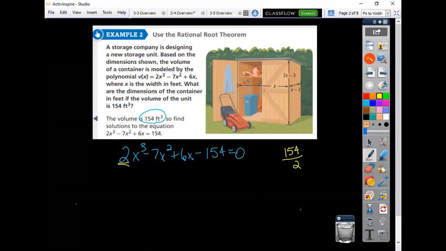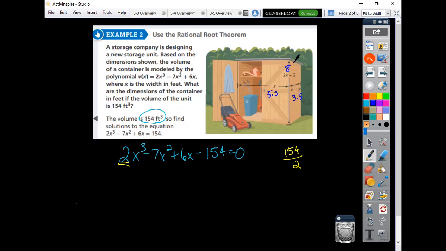We could check that and just see if it does work out. So 5.5, let's go up here. This one where I subtract 2 from 5.5 would be 3.5, and 2 times 5.5 is 11, take away 3 is 8. So if I multiply all those out, do I get 154, would be the question.